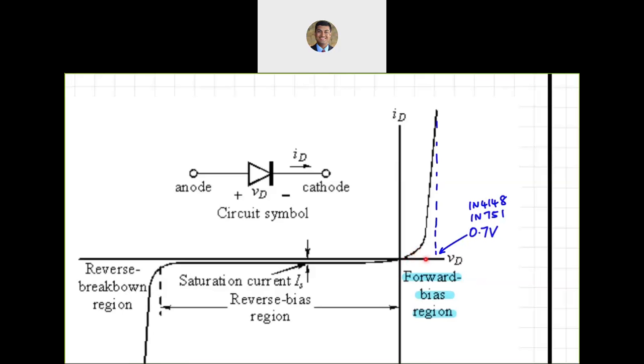So the diode requires a turn on voltage, a threshold voltage of say 0.7, to turn on, so the valve opens and then the current can flow in that particular direction. Depending on what we have connected to that diode, we will know how much current will flow through it. We'll talk more about that in just a bit. But that's as far as the forward biased region is concerned.